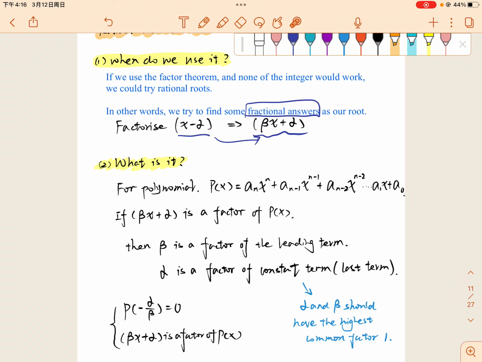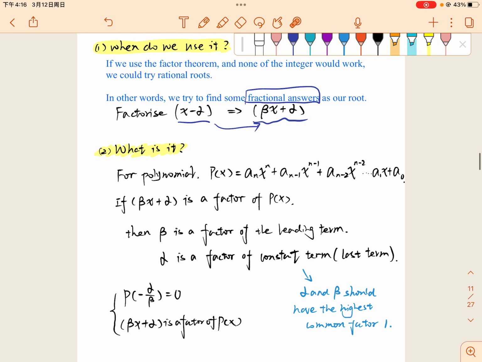If beta x plus alpha is a factor of this polynomial, then beta is a factor of the leading coefficient, so beta is a factor of a_n. And alpha needs to be a factor of the constant term, the last term.